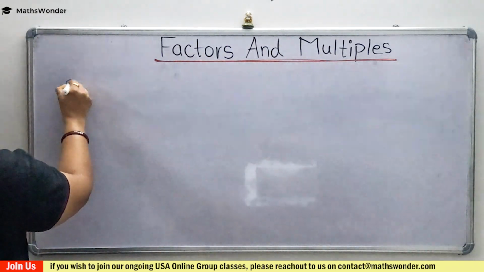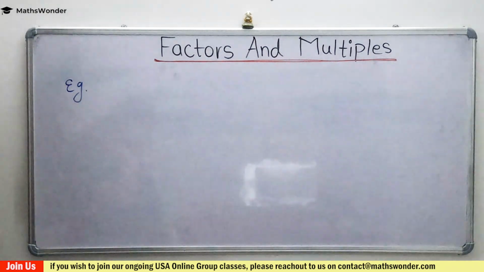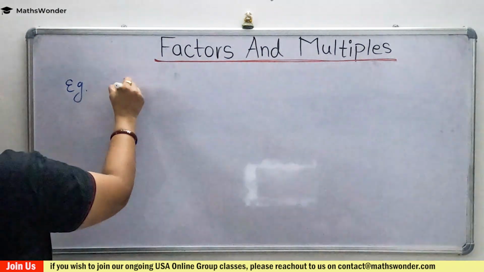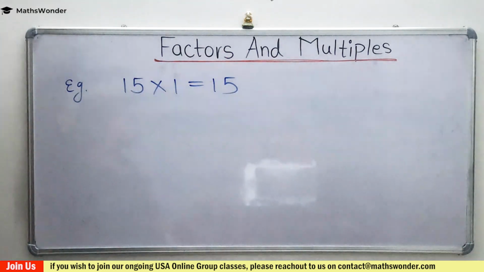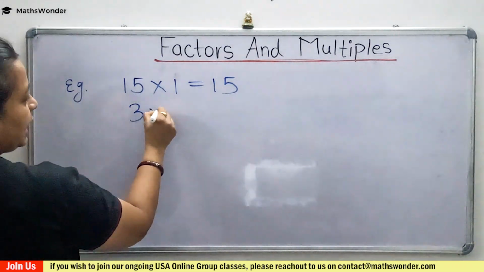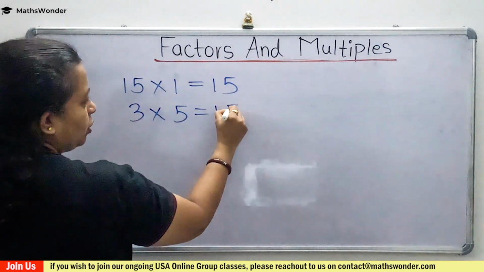Now the next example: suppose we take 15. We know that 15 times 1 is 15, and 3 times 5 is also 15.